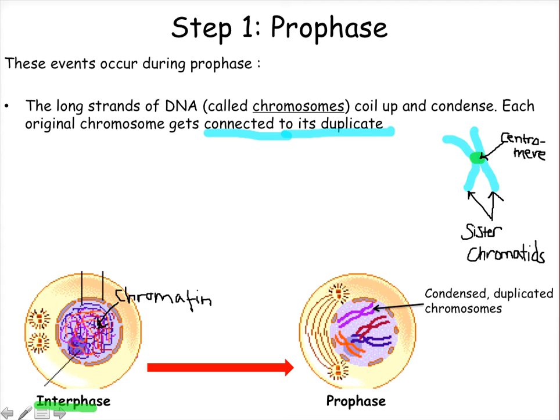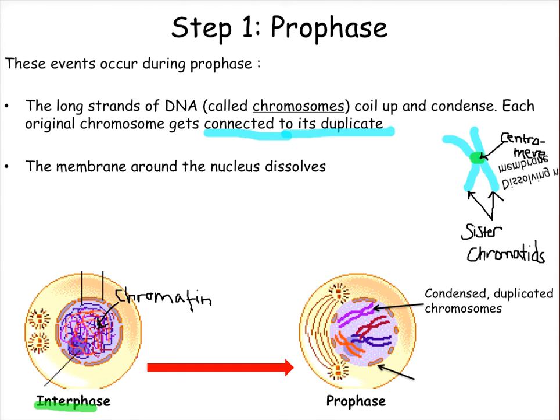Okay, so the next thing that happens during prophase is that the nuclear membrane dissolves, like we see right here. This must happen because we are going to move the chromosomes out and around the cell so we can end up putting them into two different nuclei.